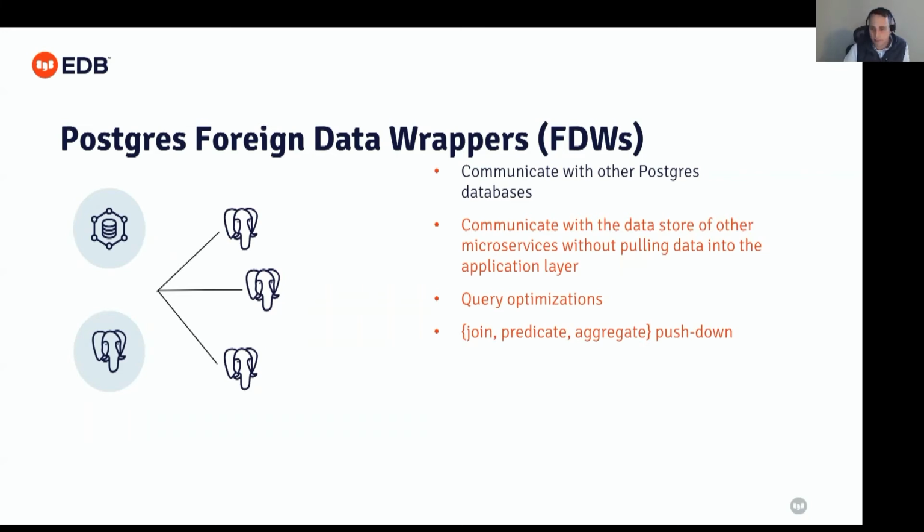You add that to something like Kubernetes services that Cloud Native Postgres creates that you can define in your PostgreSQL foreign data wrapper definition. And then you can start easily communicating on the back end. So you get join, predicate, aggregate push downs, query optimizations, things like that you wouldn't get in your application without having to write your own, basically, database code in the application.